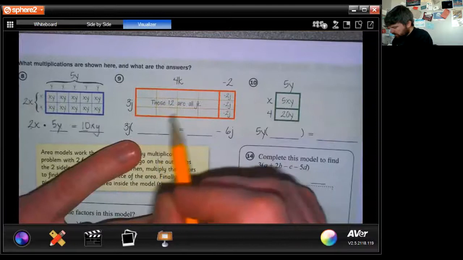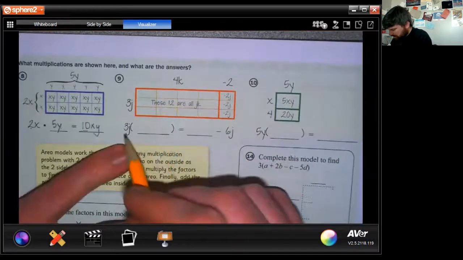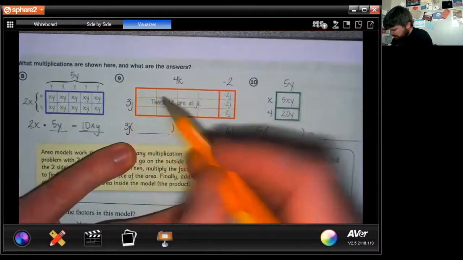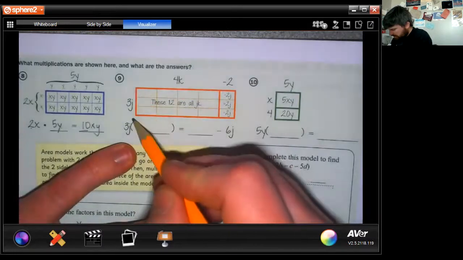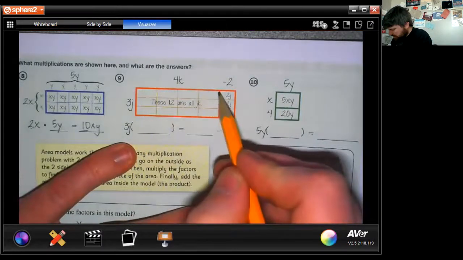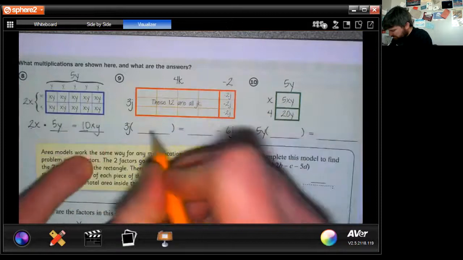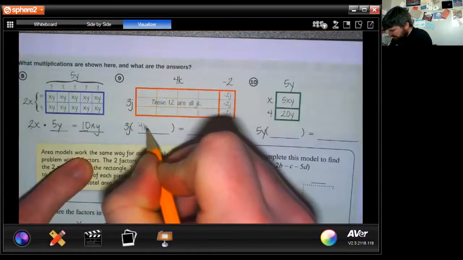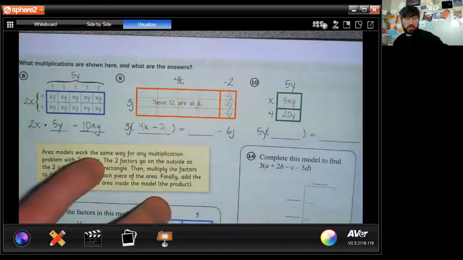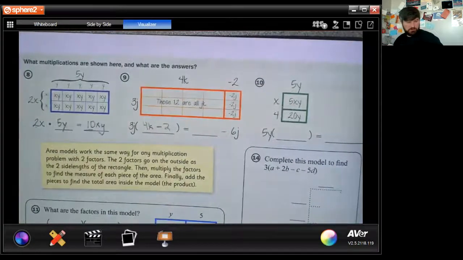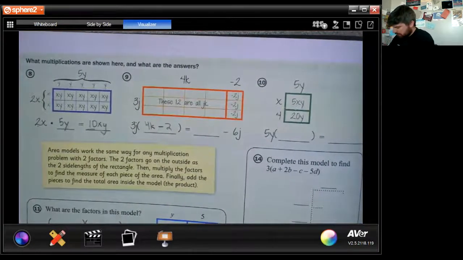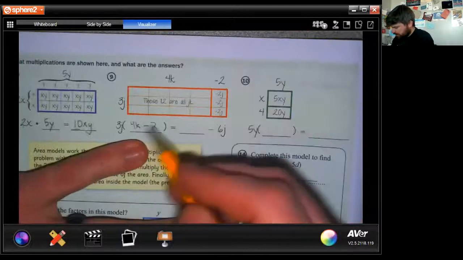Okay, so here we've got a little bit different. We've got 3j, and there's 4k and a -2. So this is 4k minus 2. Or sometimes they'll put plus -2. I don't like to do that. We like only one sign in there.